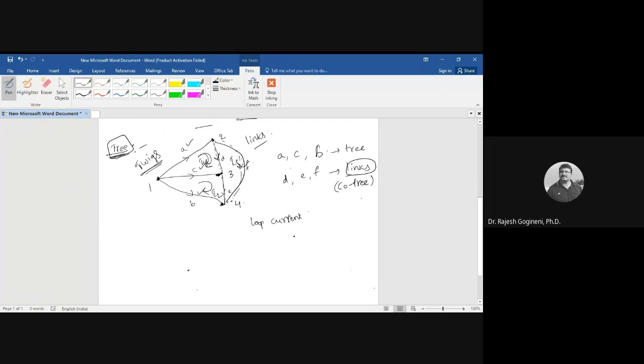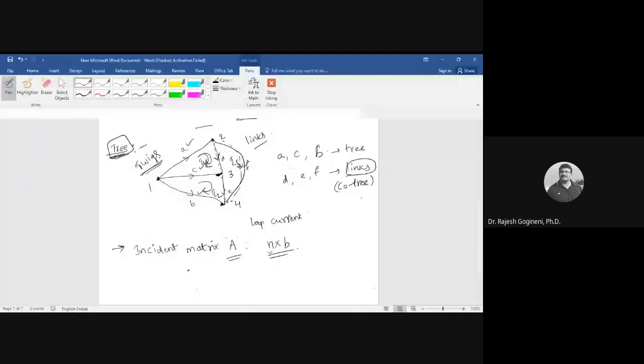From this, the first analysis we can make is to form a matrix which gives the information about the graph, called the incident matrix. We first form a matrix denoted as A, the incident matrix. The size of the incident matrix is N by B. What is N here?